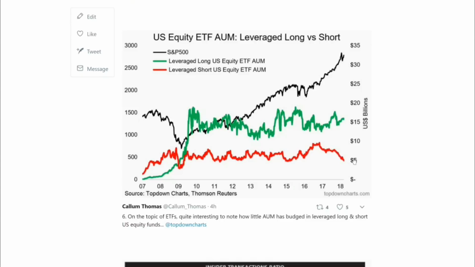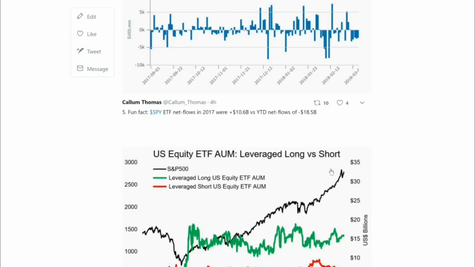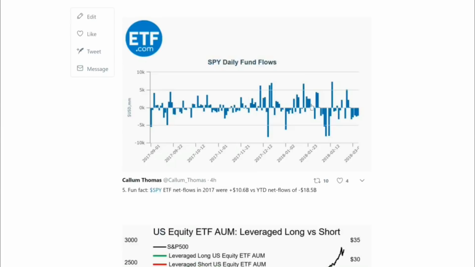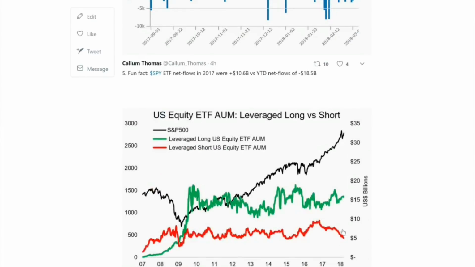There might be some use of these ETFs in arbitrage trades as well. I'm not sure, but if you look at the net exposure, or the net position, between these two, it's gone up significantly as a result. So when you're squaring these two up, there are outflows from the S&P 500 ETF and also what looks almost like outflows from the short ETFs, or at least reducing AUM, in contrast to increasing, right?